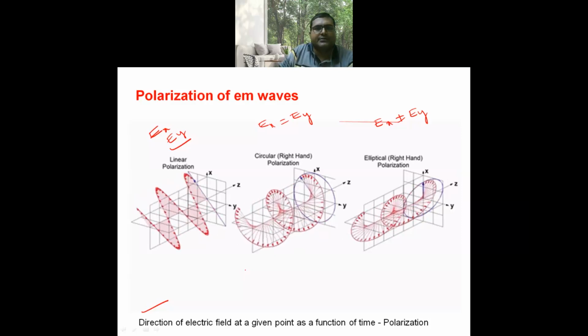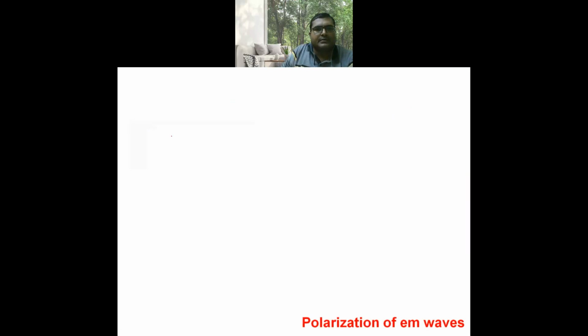Now, polarization of an EM wave. Consider a linear polarization, where the electric field has either an X component or a Y component.